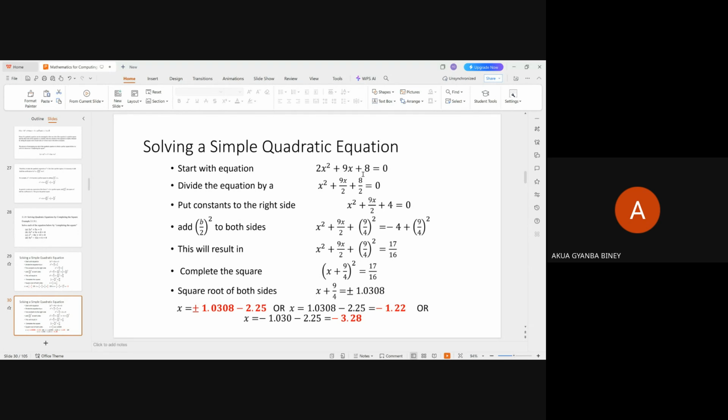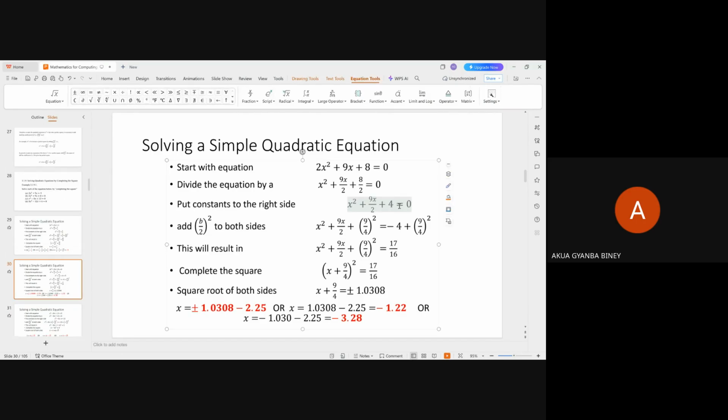So what do we have? We were supposed to have x squared plus 9/2 x, and that will be equal to -4. The -4 comes as a result of this 8/2, which gives us 4.